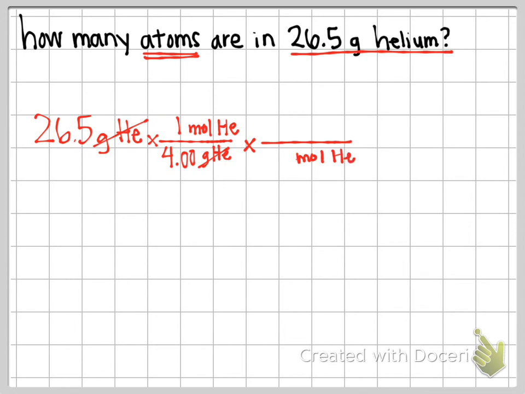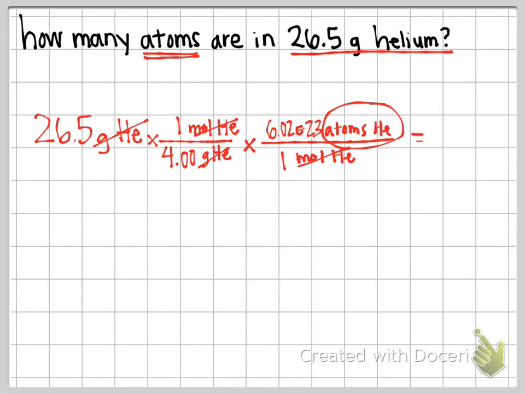And if you look at your conversion factors, you do have a conversion factor that goes from moles to atoms. And that conversion factor is 1 mole is 6.02 E23 atoms.